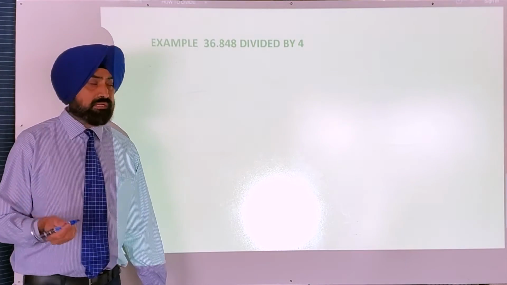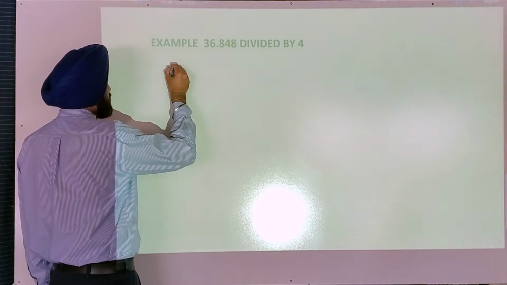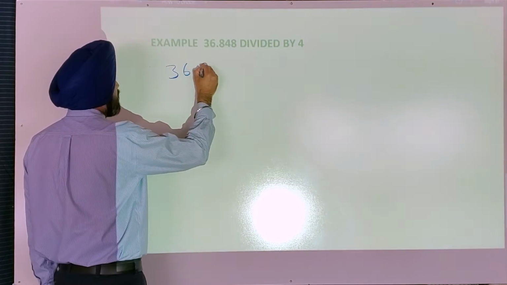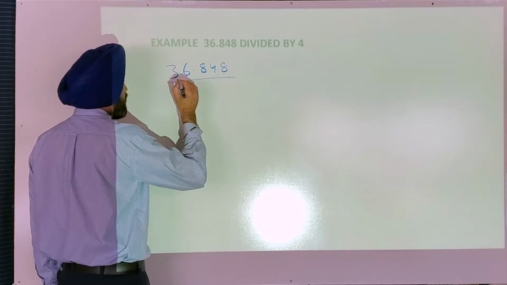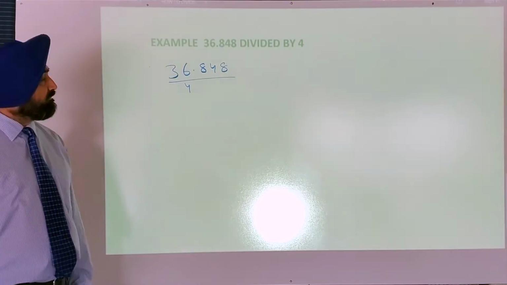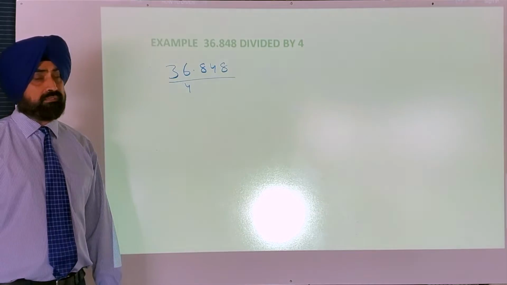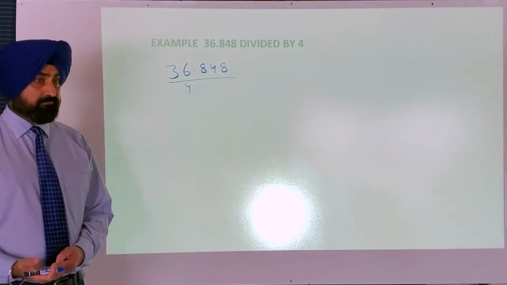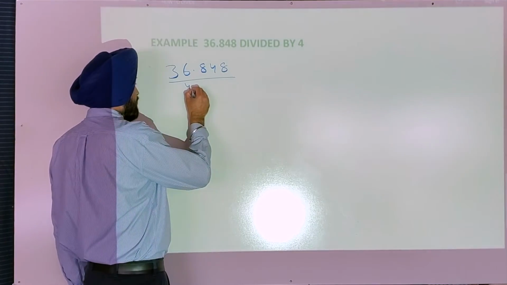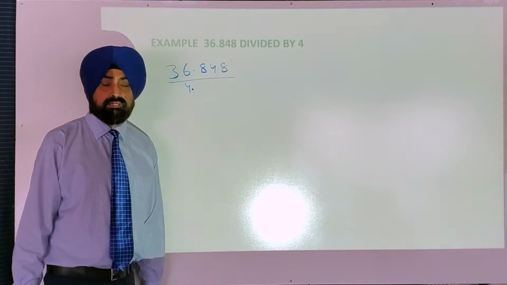So that's the third example: 36.848 divided by 4. Simply we can divide by 4, as there's no decimal in the divisor. Or if you want to remove the decimal completely, if there is no decimal, the decimal is after the last number.